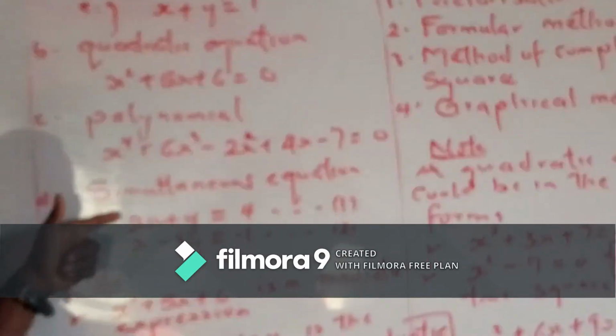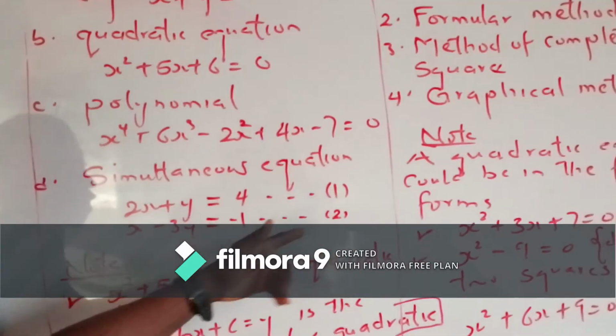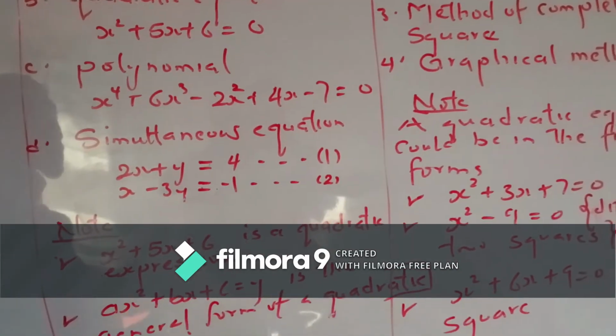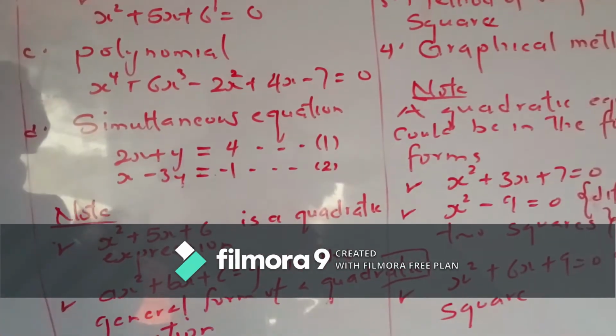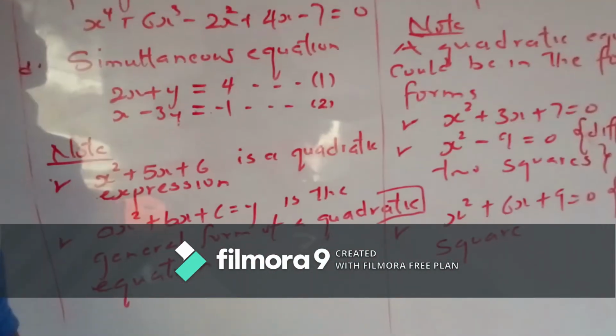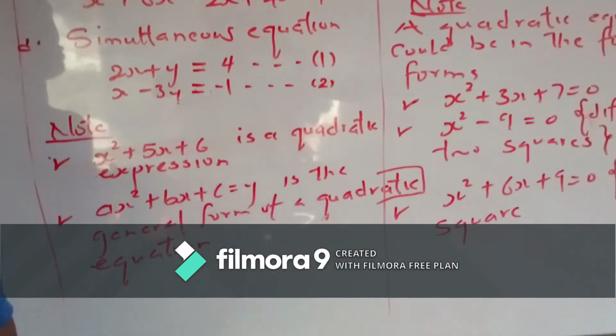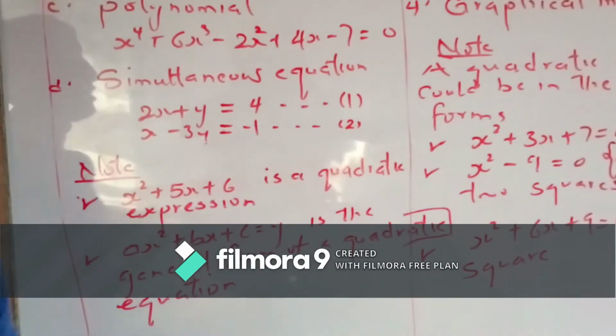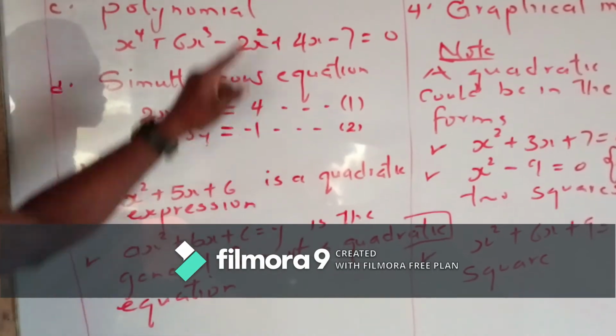You can see here we have equation 1 and equation 2. Please note there's a difference between an equation and an expression. An equation always has an equal sign, just like you have here.